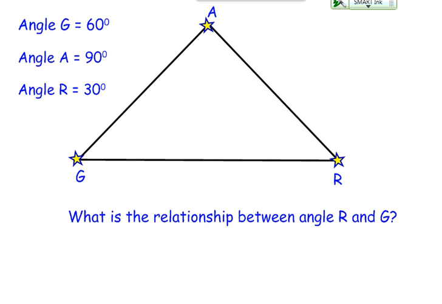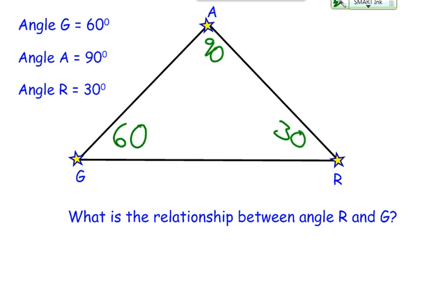Okay. So keep that in mind, complementary angles. Sometimes as you look at our angles, we can see it in a slightly different picture. We see a triangle here. A triangle has a measure of 180 degrees, and we see that angle A is 90. We see that angle R is 30. And we see that angle G is 60.